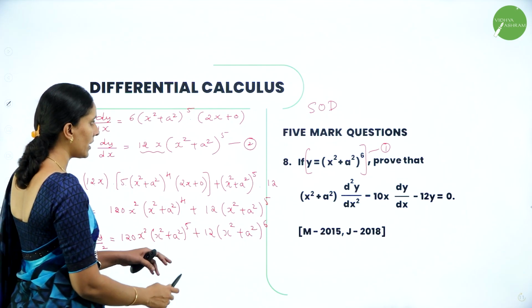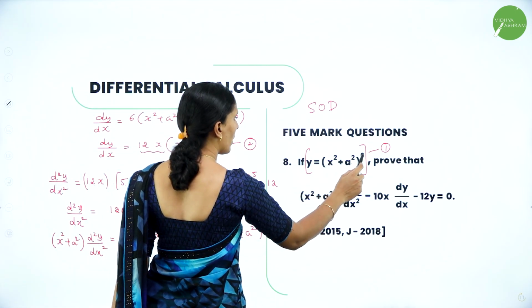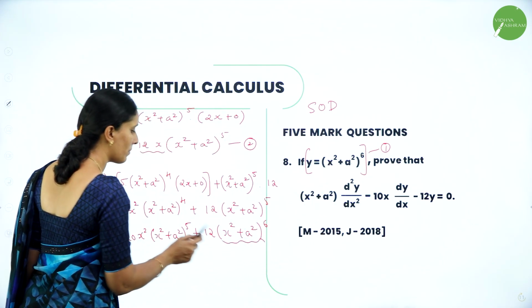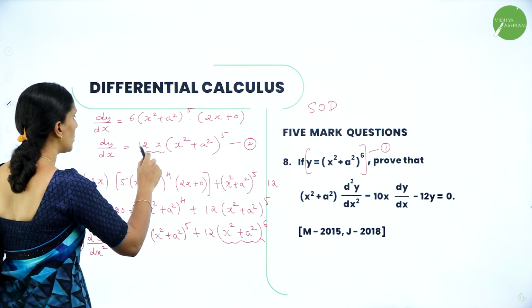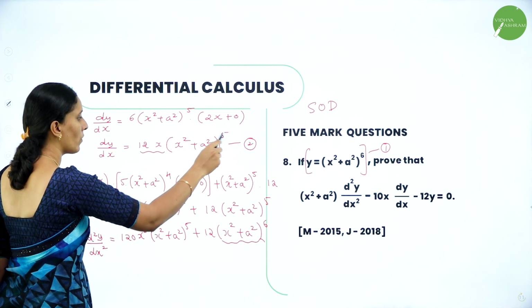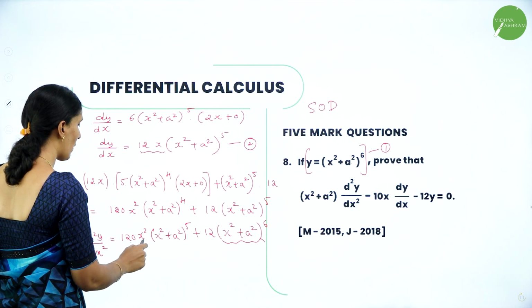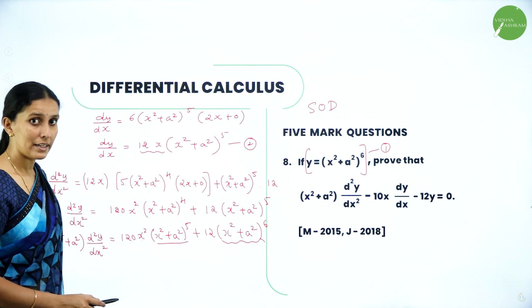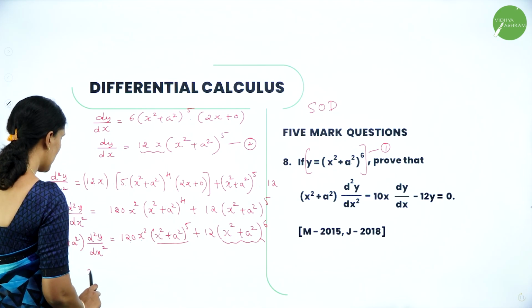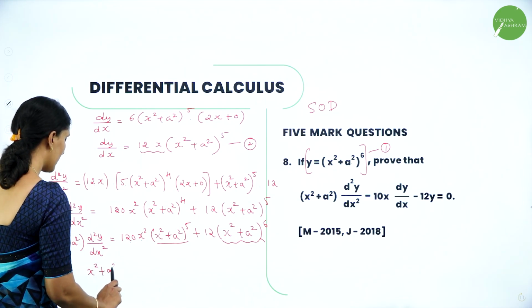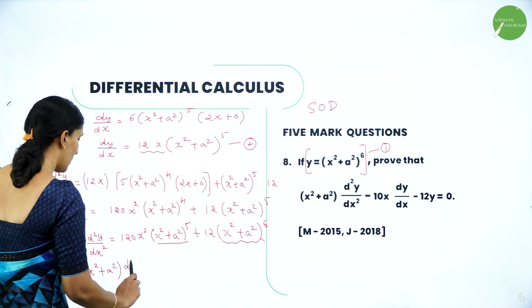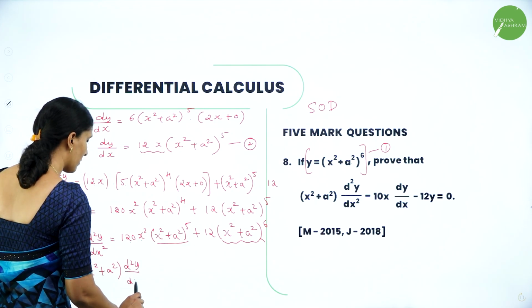Now clearly you see x square plus a square whole power 6 can be replaced by y. And 12x into x square plus a square whole power 5 we can write as 12x into dy by dx. So what happens? x square plus a square into d square y by dx square.